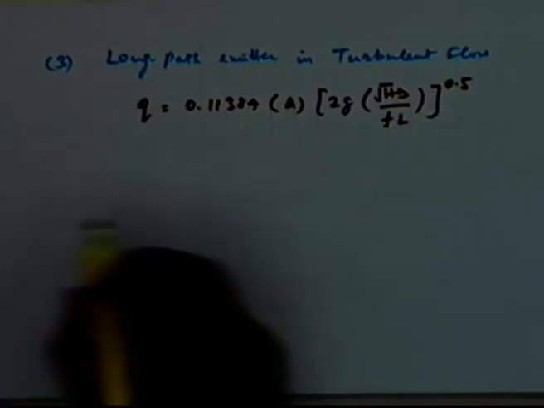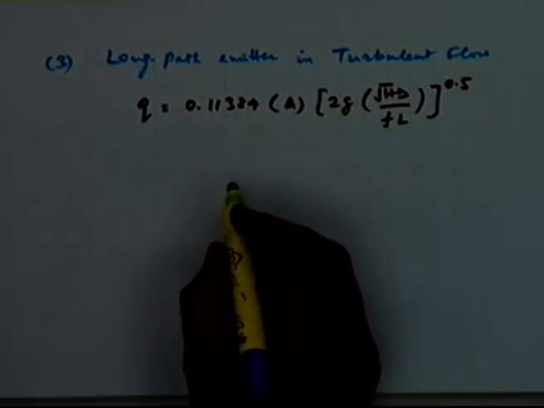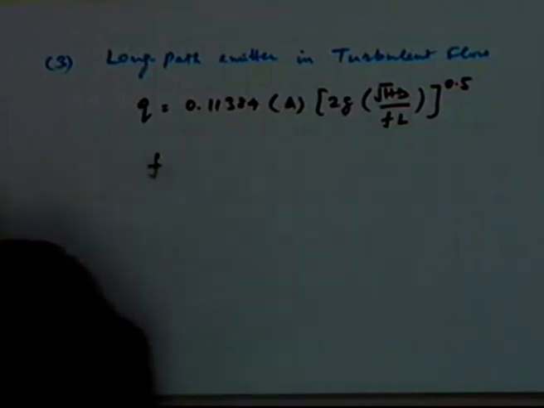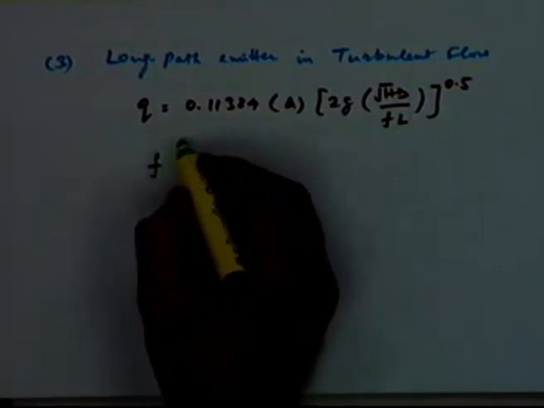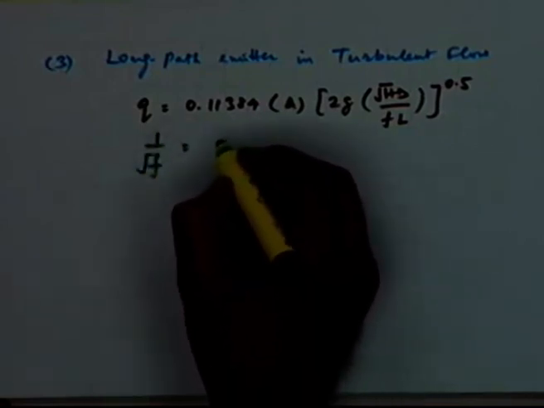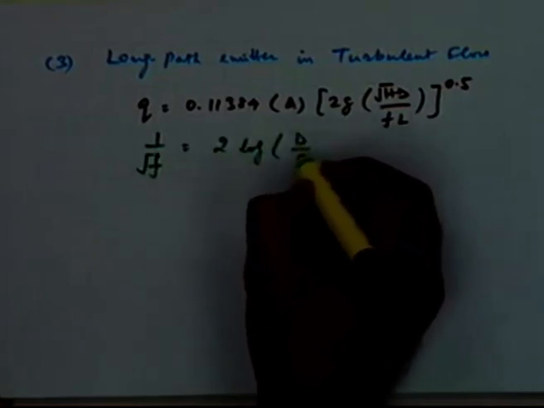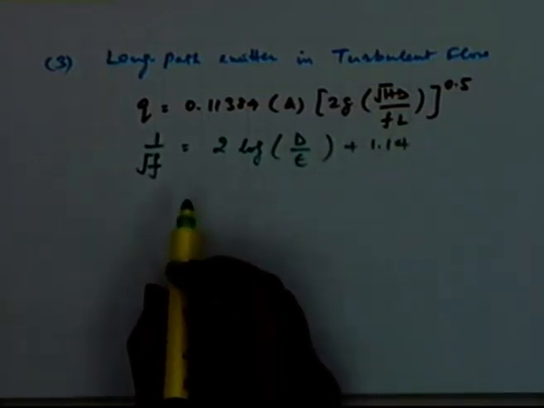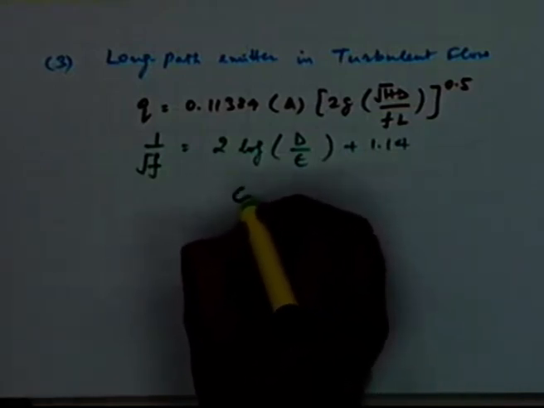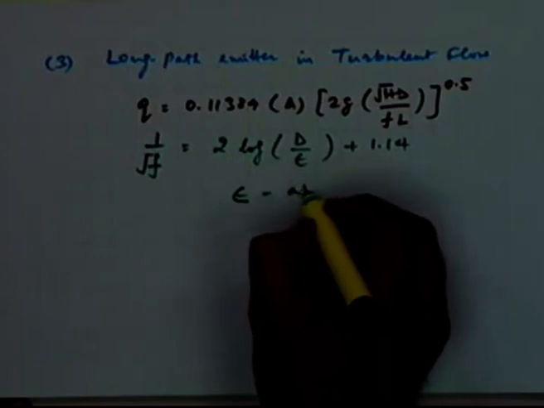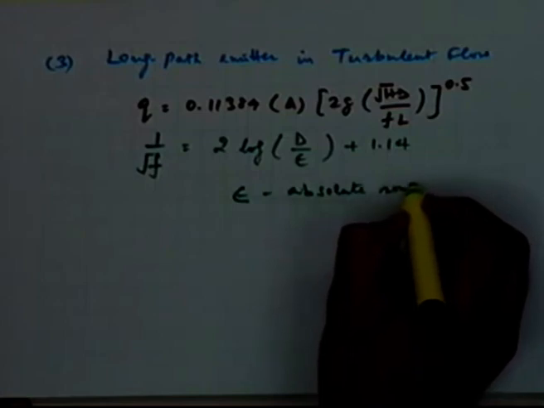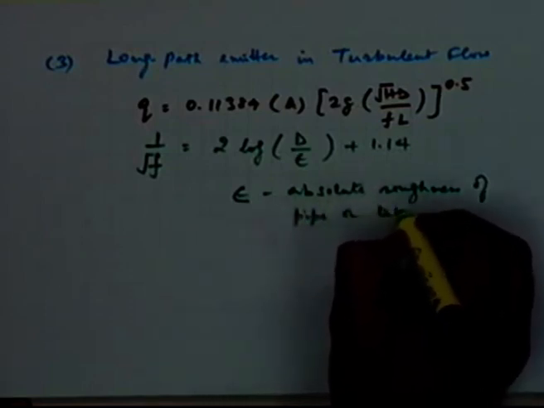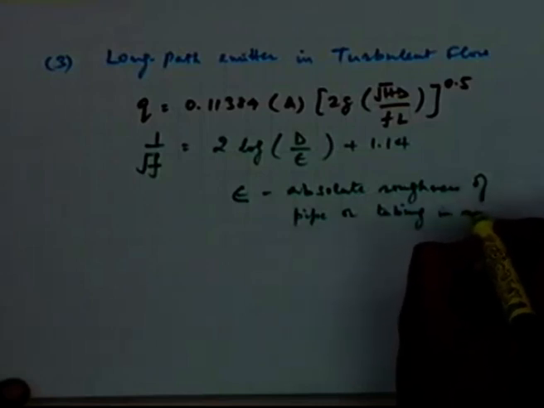In this case, the friction factor F is having a different relationship, and in this relationship the friction factor is given as this expression, where this term eta is the absolute roughness of the pipe or the tubing in millimeters.